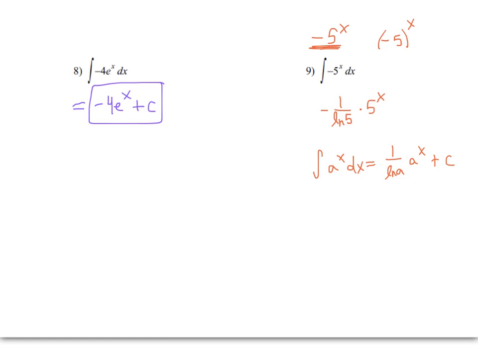So if I follow that formula, I'm just trying to point out that a is just 5. That negative goes completely in front, just like if there had been a 2 in front, like if this had said 2 times 5 to the x. Well, the 2 is extra and goes in front. So this is our answer right here.